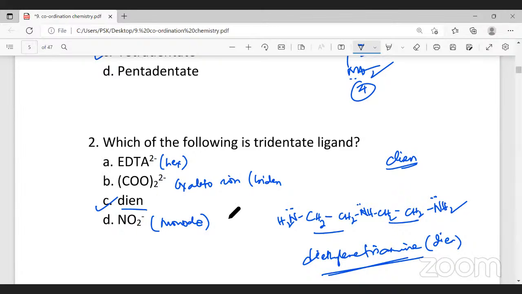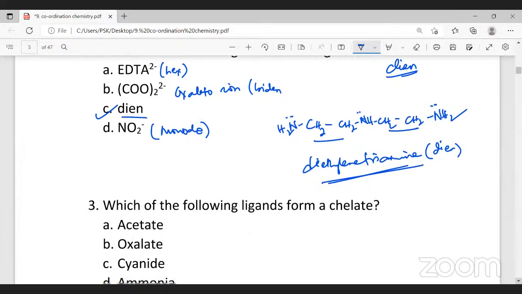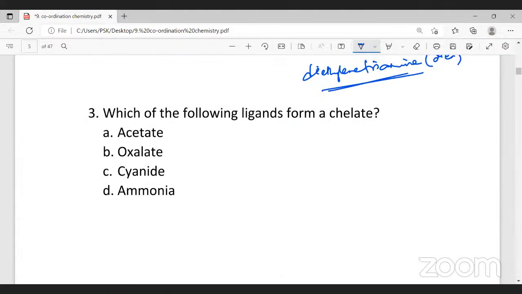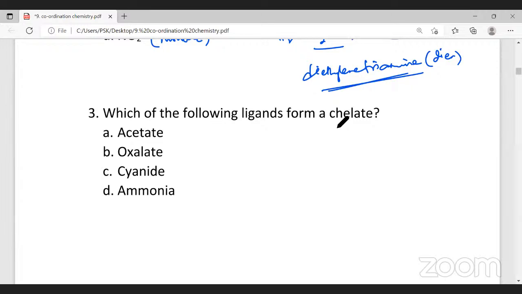Diethylene triamine. Are you able to follow the structures on the board? Yes. Which of the following ligands form a chelate? What is a chelate ligand? Chelate means a polydentate ligand. Ligands other than monodentate are called polydentate ligands. Ligands which can donate more than one pair of electrons are called polydentate ligands.